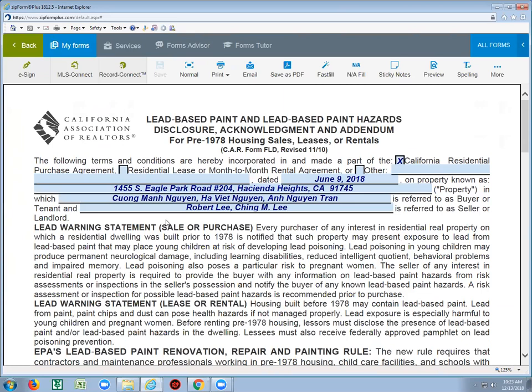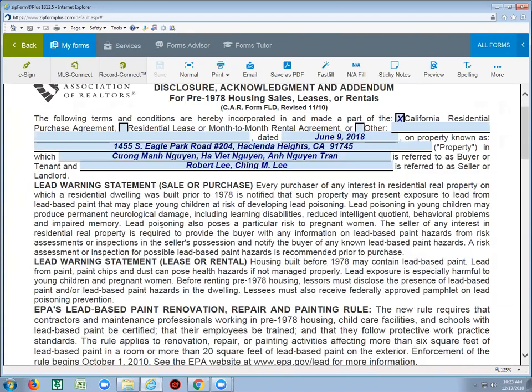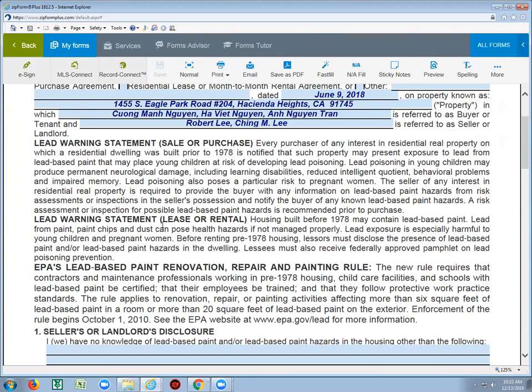It's got to be the old one, not today's date, whatever the date. It's the purchase agreement date. So you'll see that everything is referred to as buyer or tenant, seller or landlord.